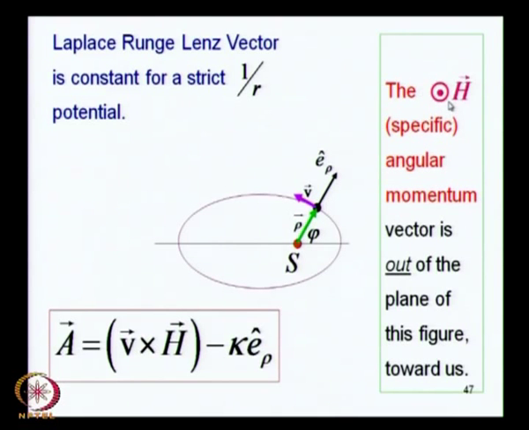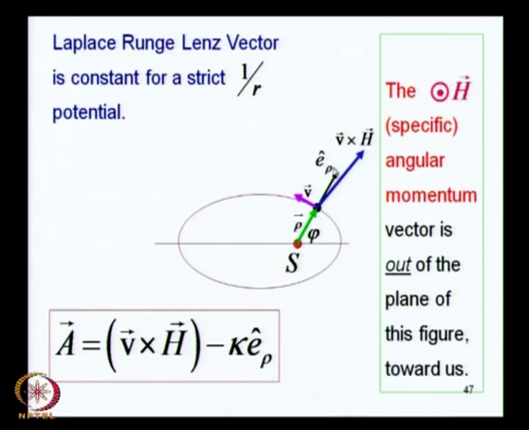So, that is the direction of angular momentum, and you can therefore determine the direction of v cross h. So, you need the direction of v cross h, and from this v cross h you must subtract kappa e rho to get the Laplace Runge-Lenz vector A. E rho is from the sun to the planet in the direction of the position vector. So, this is the direction of e rho, this black arrow over here.